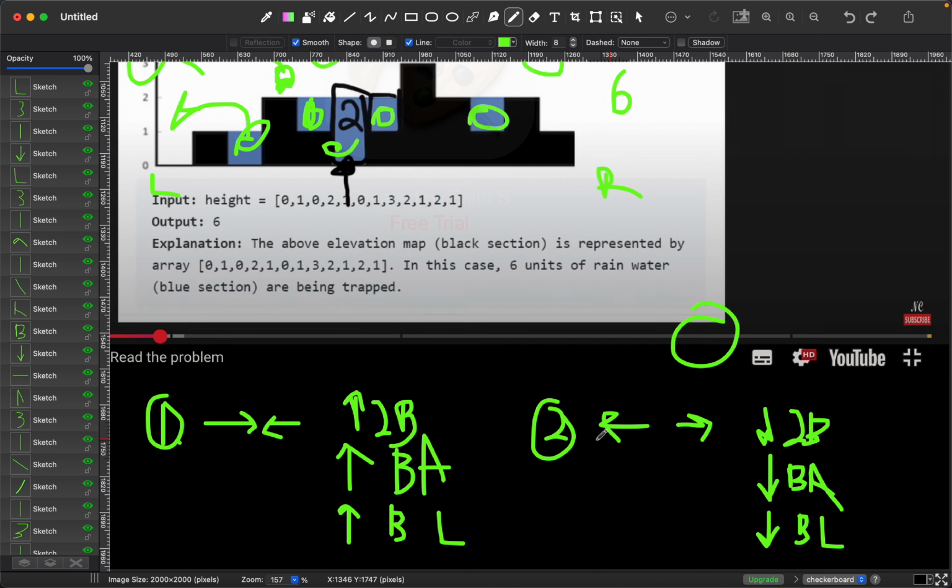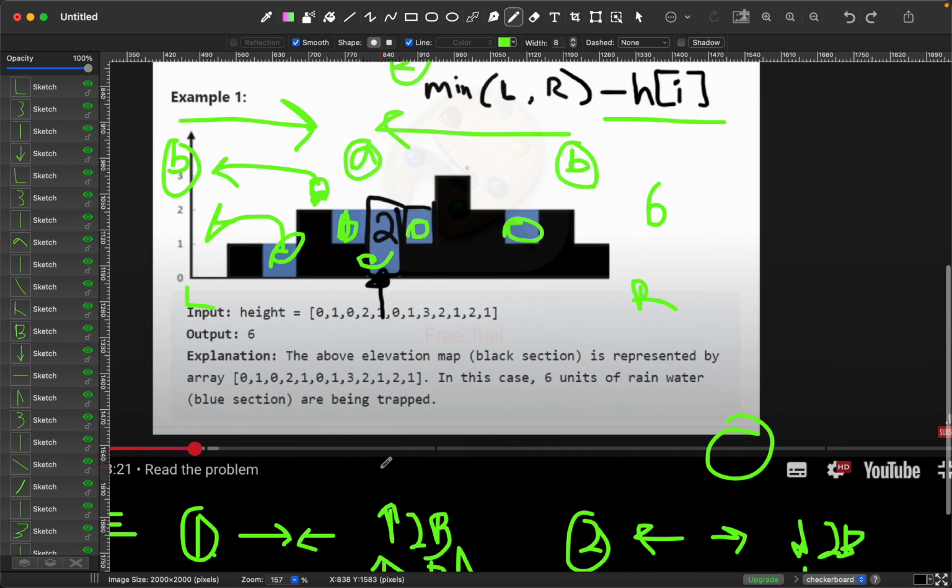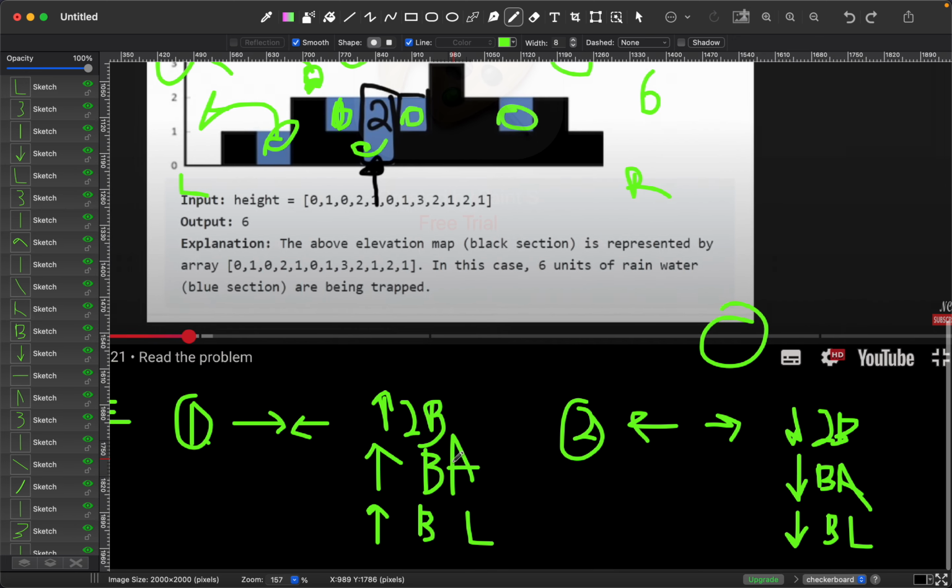Having said this, when we do the pointers L and R going inwards, one of the main discussion points for the conditional statement is that the number of barriers will be taken care of by itself, so that's fine. So one thing we can make use of to manipulate is the barrier length. We can use that as part of our conditional statement because this is something we can control.